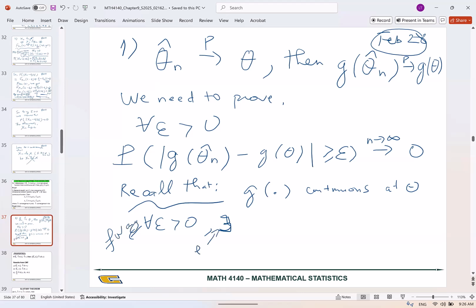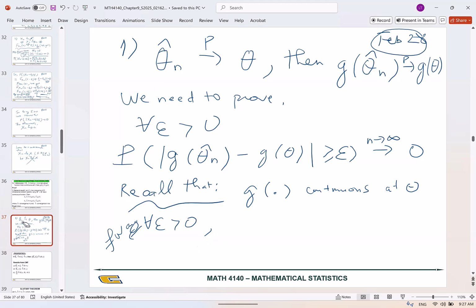I just want us to be on the same page, because sometimes your instructors previously may not use the same notation as I am using. Maybe I just write exists.